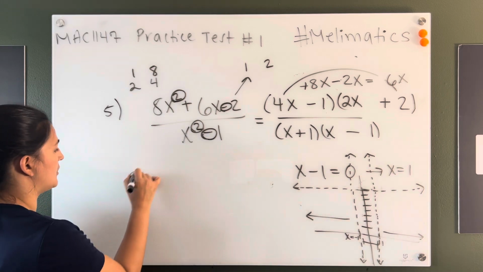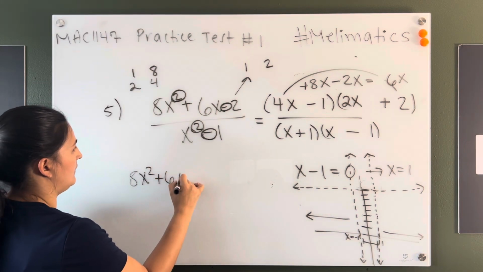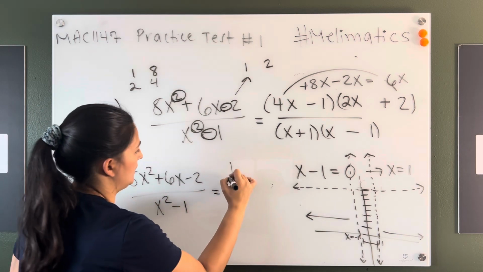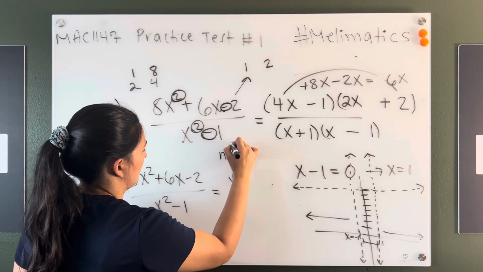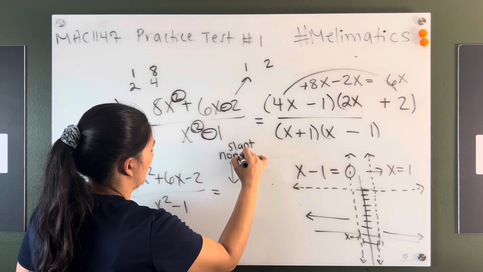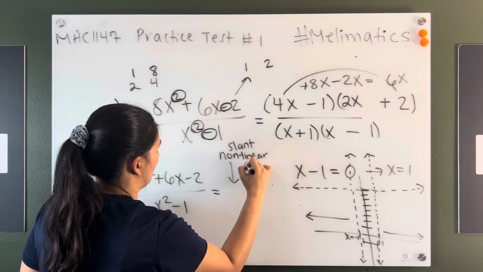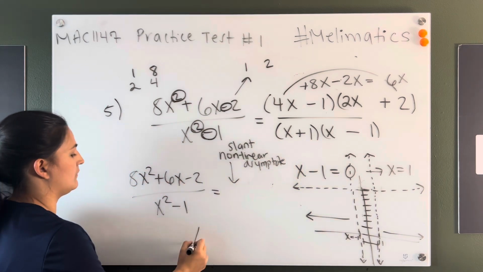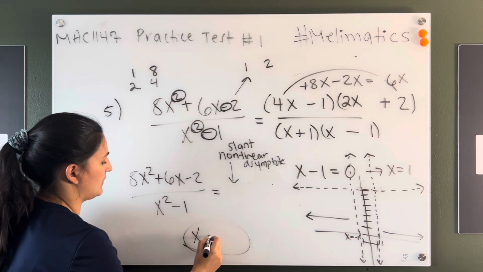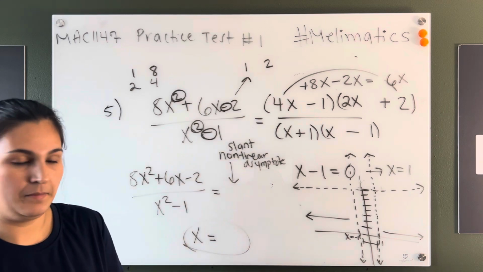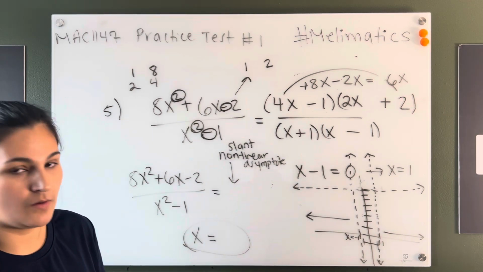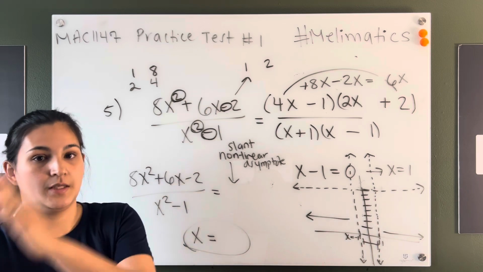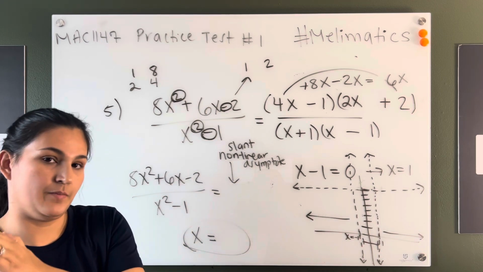You would just set the function equal to the equation of the nonlinear or slant asymptote, and then you do algebra and you solve for x. Just make sure that you get x equals a number. That would tell you the x value of the ordered pair that is crossing that asymptote.